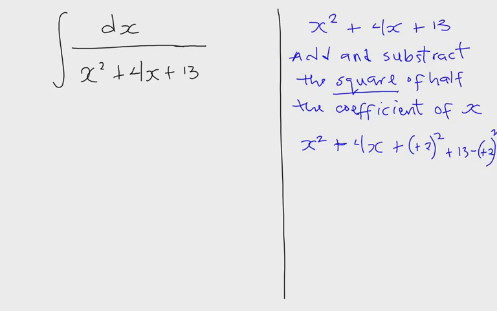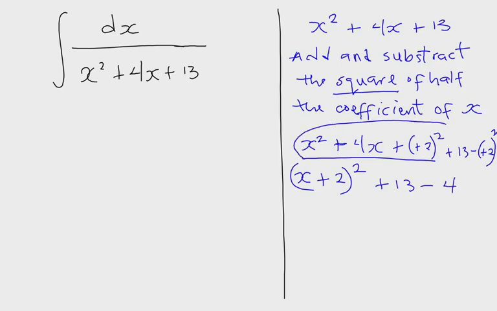Take note, this addition and this subtraction, if you compute them, will be 0. So the three of them here give us x plus 2 all squared, and then we have plus 13 minus 4. Note that these three terms give x squared plus 4x plus 4, and if you expand x plus 2 squared, it gives the same thing.